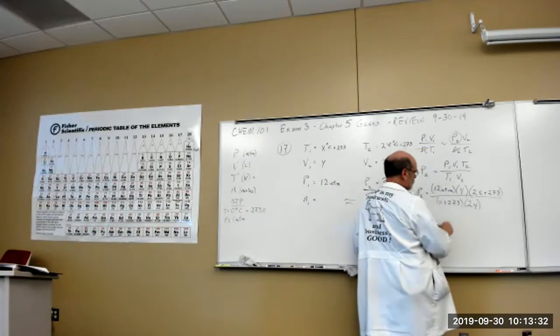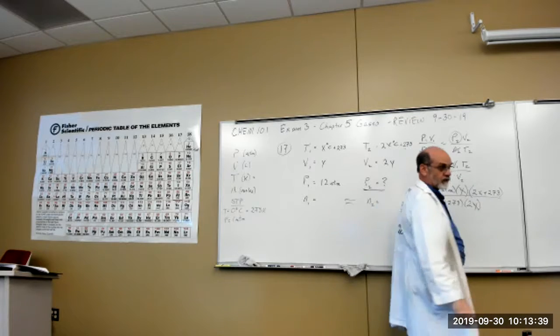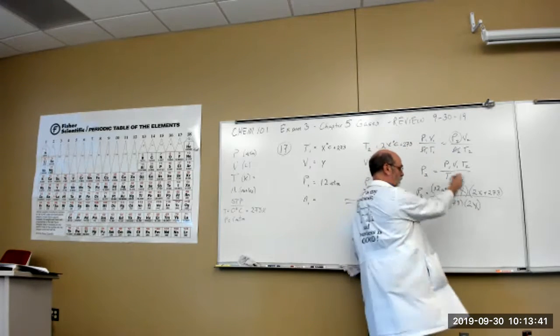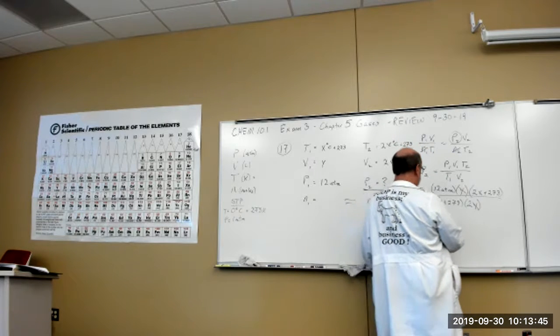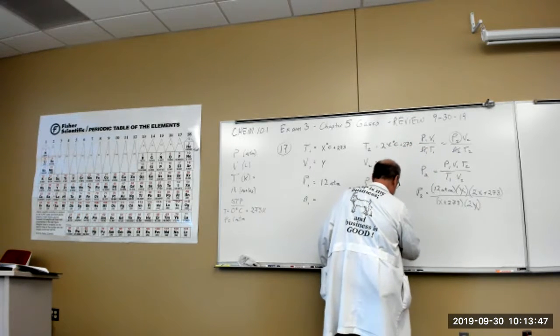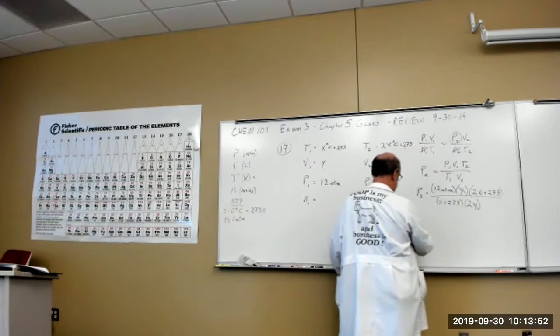Okay, so let's take our factors. This is that divided by that, which means that's gone. All you have now is 1 over 2. Okay? So let's say P2 equals, let's factor out these two.